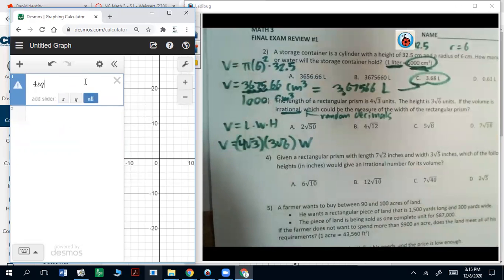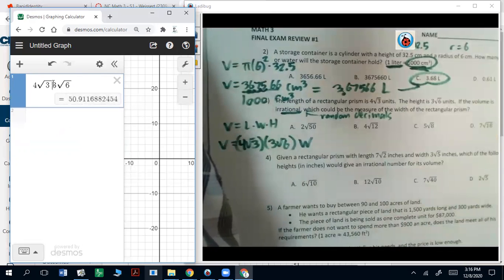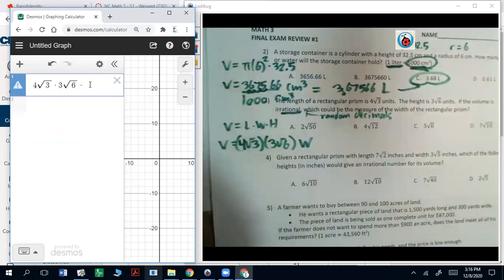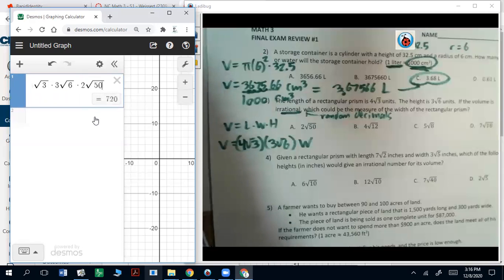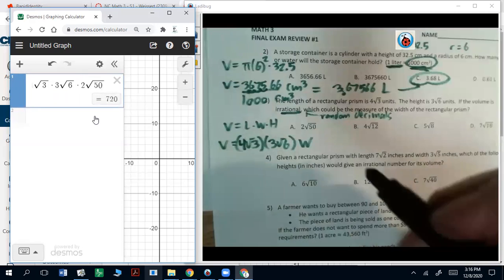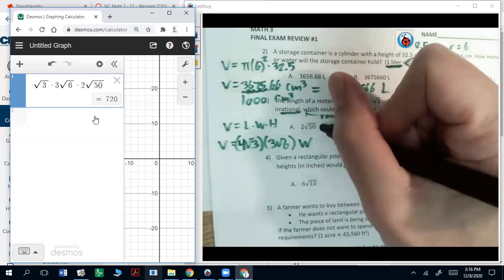So F, 4 SQRT3, right arrow, and then 3 SQRT6. You can put a times between them if you want. And then times, let's say 2 square root of 50. Now, if you look at that, if you plug in there, that volume's going to give you 720.